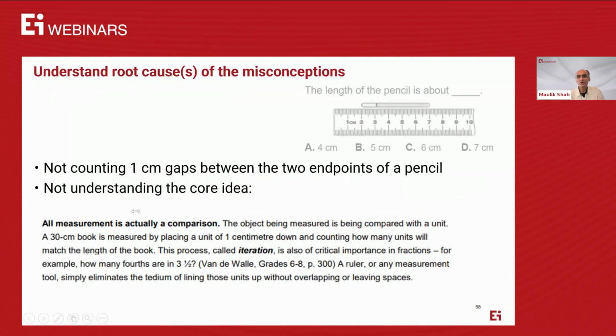That's the underlying notion about any measurement concept, be it weight, capacity, area, surface area, volume. When we say area is 10 square centimeter, we are essentially saying it is 10 times the area that is taken by a unit square of side 1 centimeter. That is the underlying idea that we need to keep reiterating whenever we teach any measurement concept.